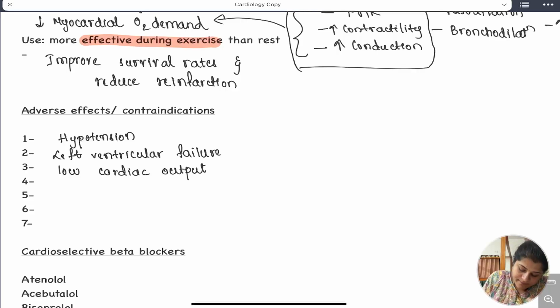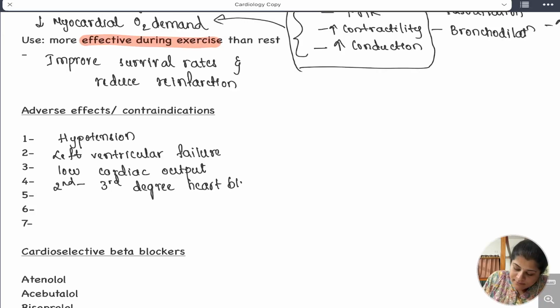Since they reduce conduction, avoid them in second to third degree heart block, or if there is a prolonged PR interval, which is more than 0.24 seconds.